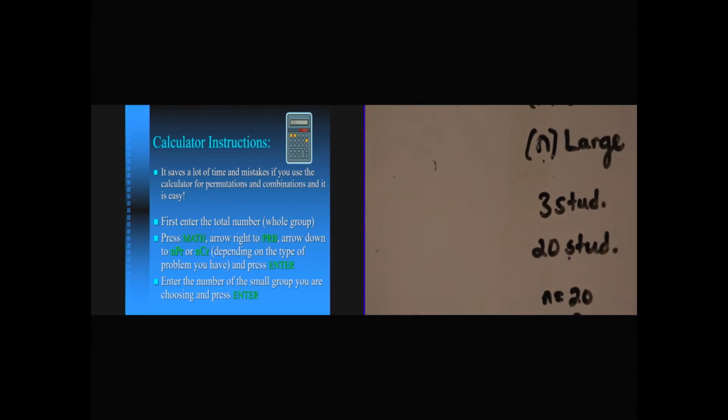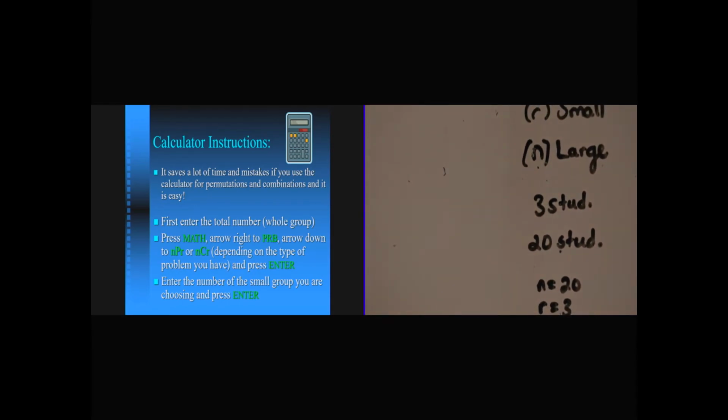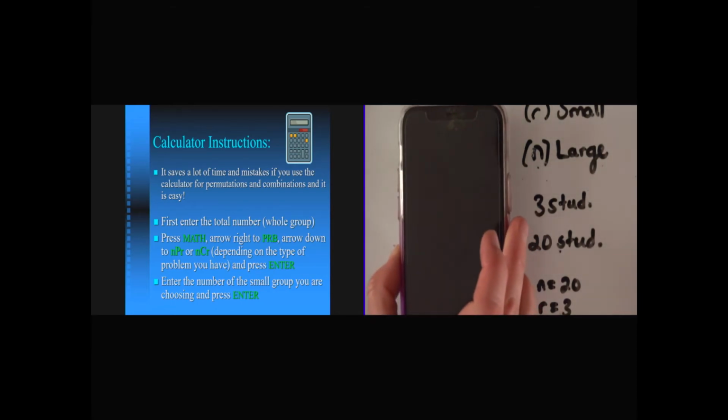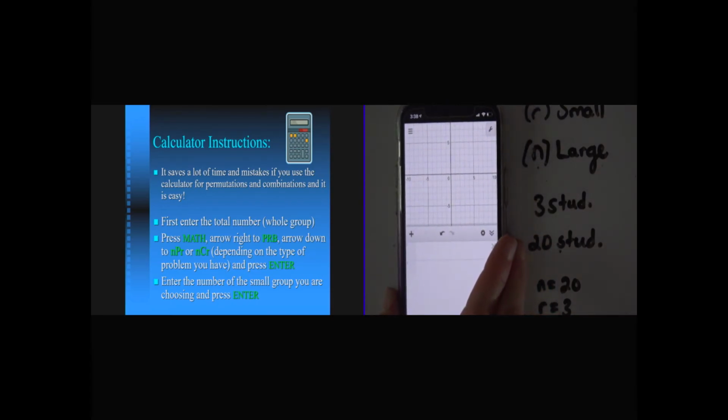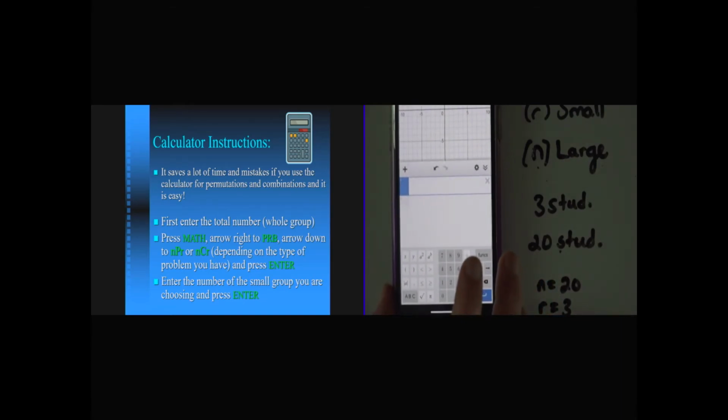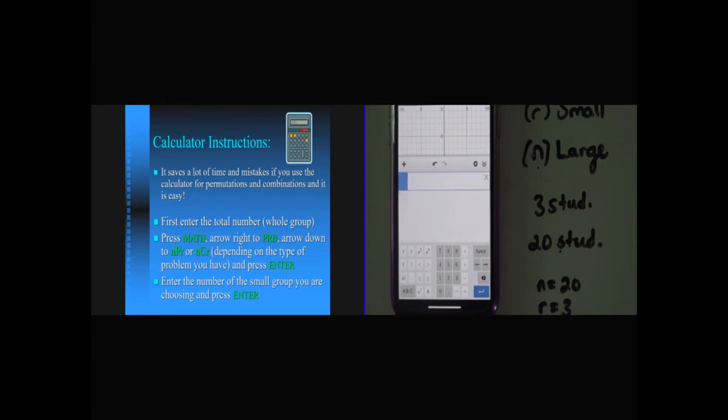Now, what if you had to do it on Desmos, which some of you may have as an app? It's very similar. Let me pull up my Desmos app real quick. It's very similar, except how you pull up the functions is a little different. You'll notice it brings up a little keypad at the bottom.